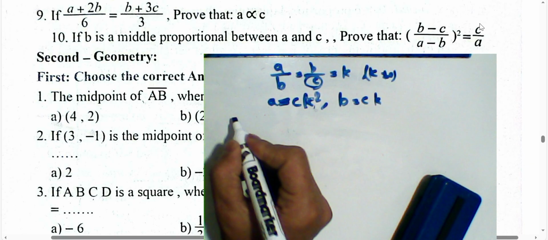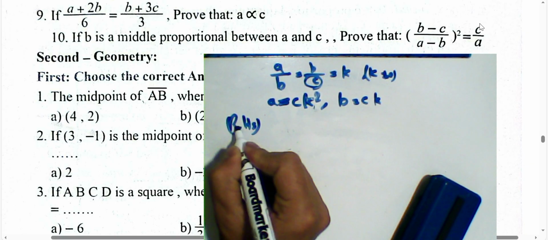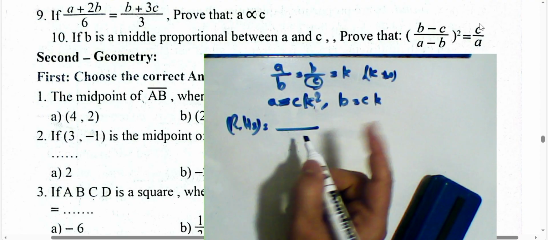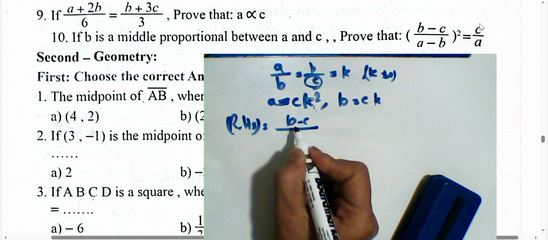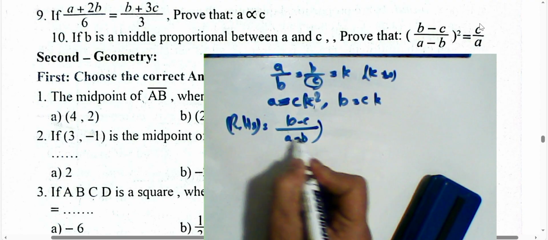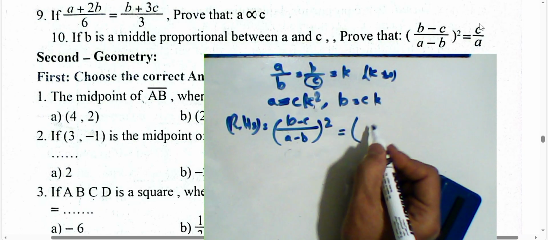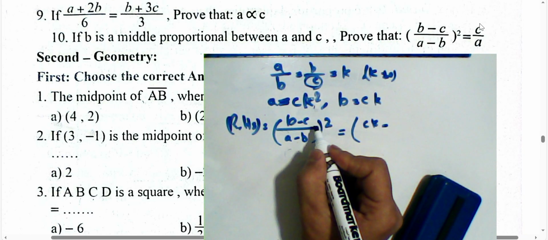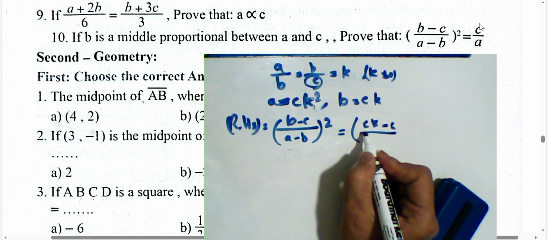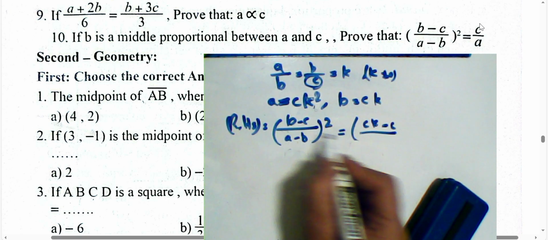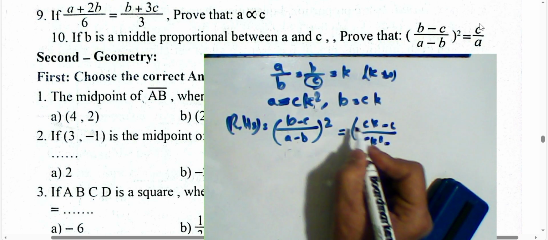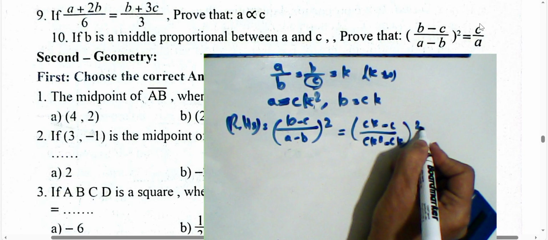Okay, start from the right hand side here: (b minus c) over (a minus b), all power 2. We can put the value of b equivalent to ck, subtract c, over a minus b. A here was ck power 2, subtract b equals ck, all power 2.